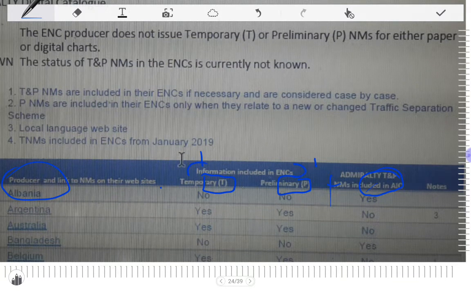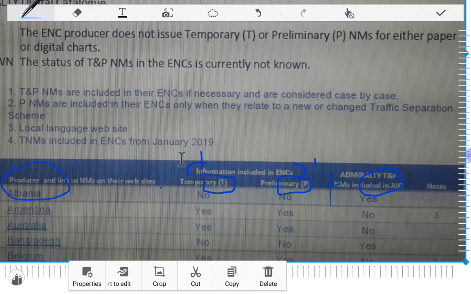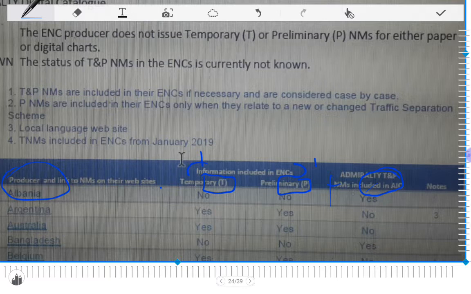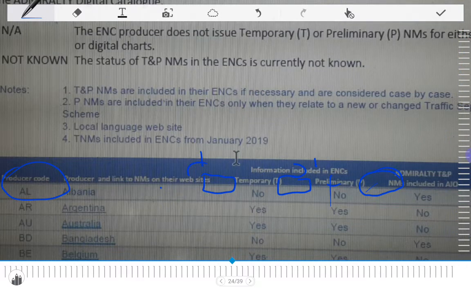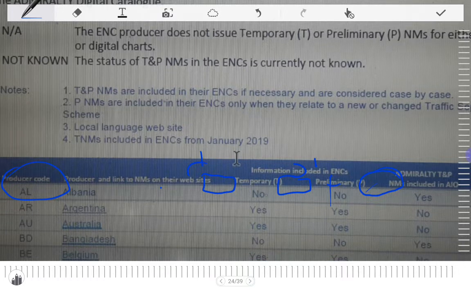Here there are two rows: information included in ENC, temporary and preliminary. What information is normally included? Temporary information and preliminary information. The other is Admiralty notices to mariners included in AIO. For example, the first country, Albania: for the ENC produced by that country, the temporary and preliminary notices are not included in their ENC.